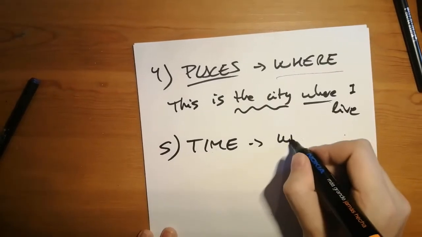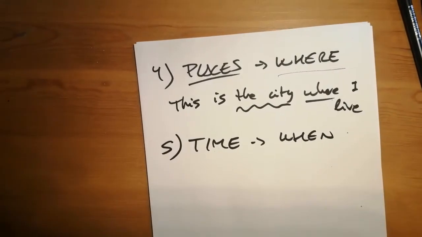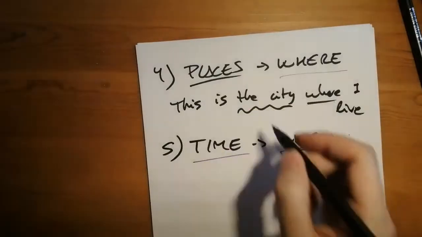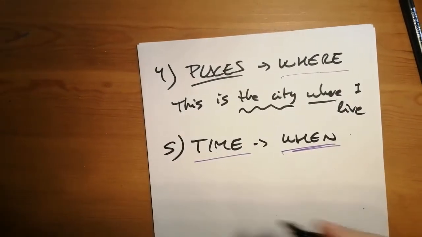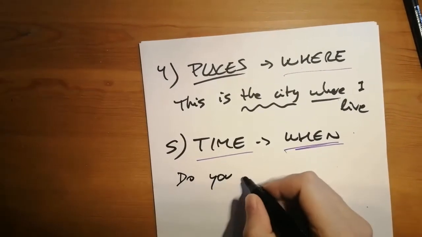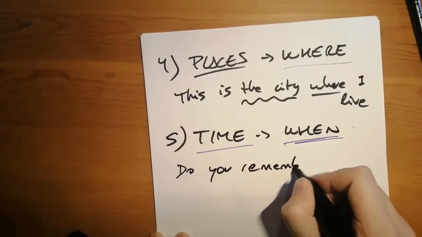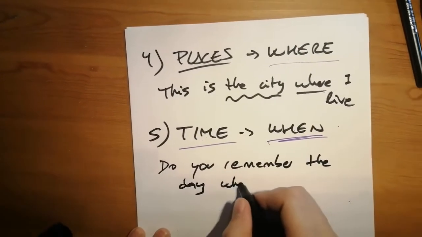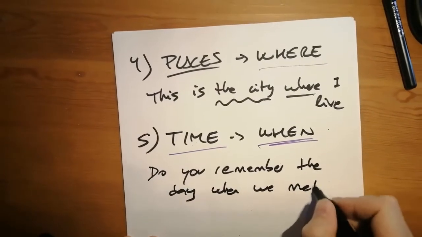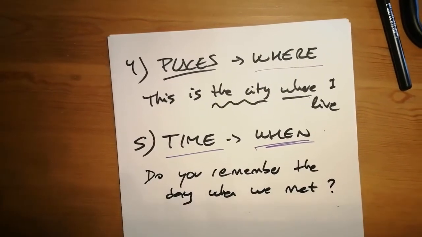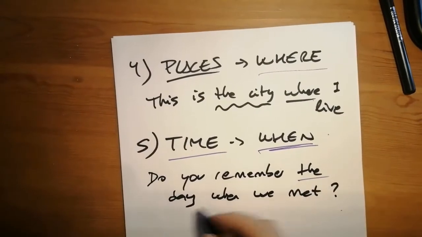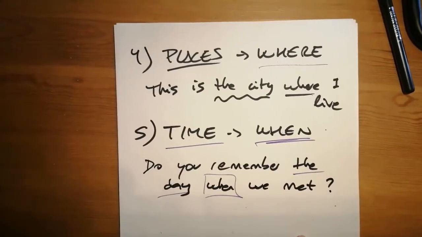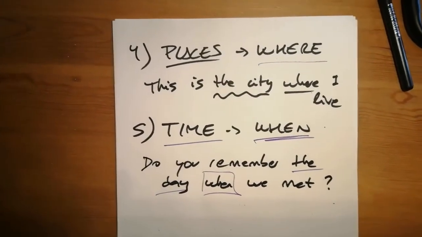Then we use when. It's the same, okay? For example, do you remember the day when we met? So I'm talking about a time, a specific day, when is the relative pronoun and the relative clause is we met.